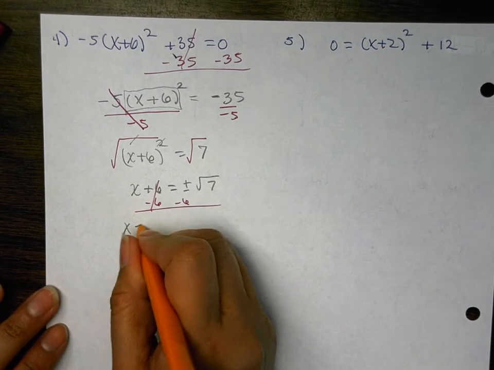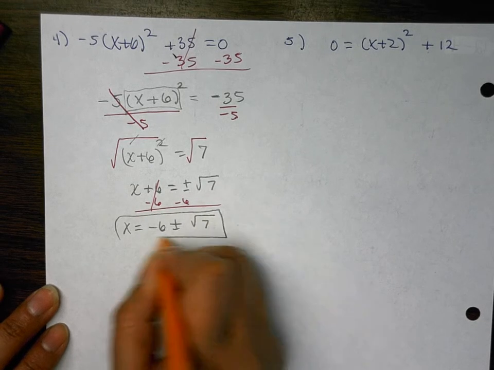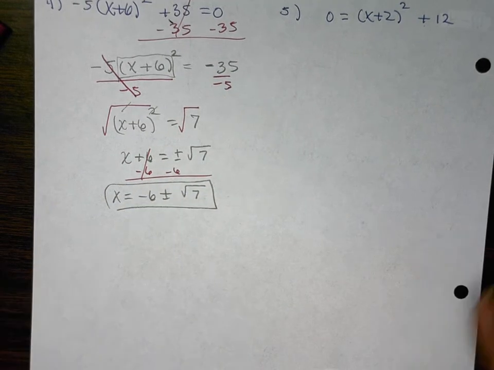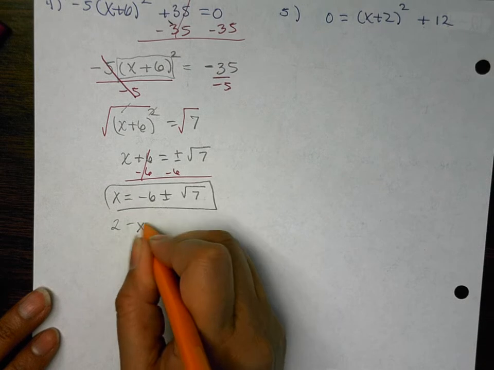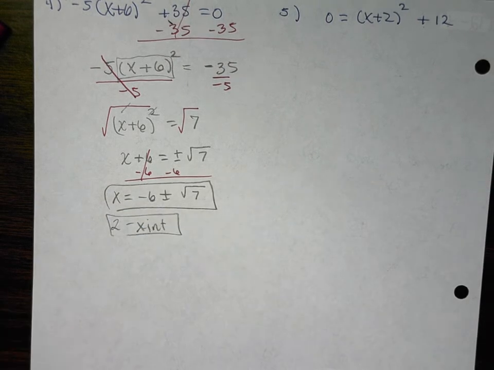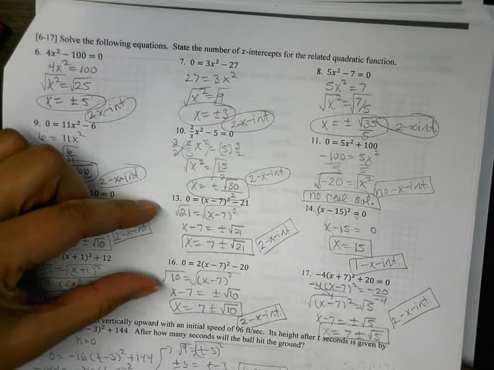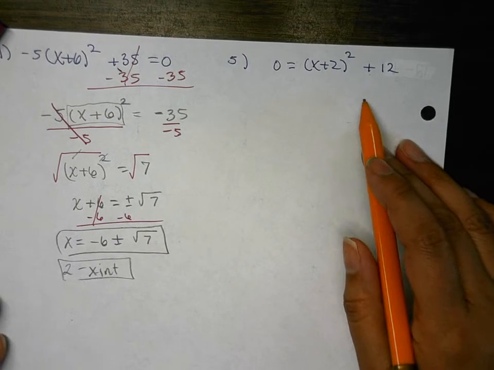I like to put it at the beginning. X equals negative 6 plus or minus root 7. How many x-intercepts do I have? Good job. 2 x-intercepts. If you feel like there's not enough room on your worksheet because it is kind of tight spaced, you can do it on a separate piece of paper.